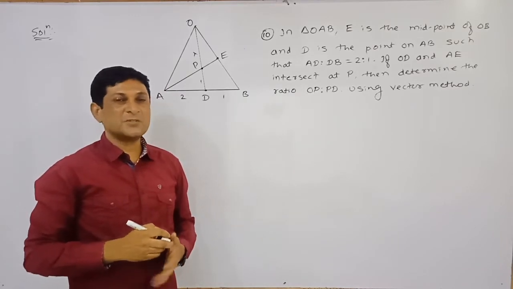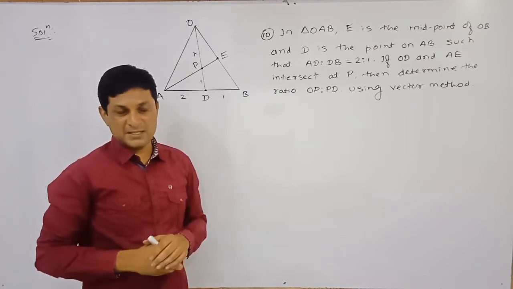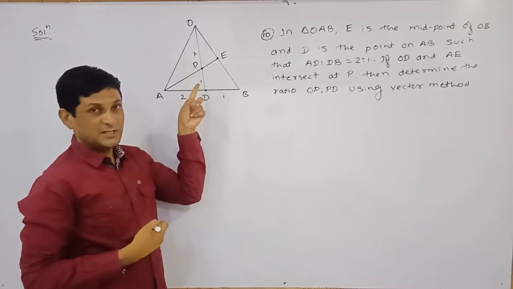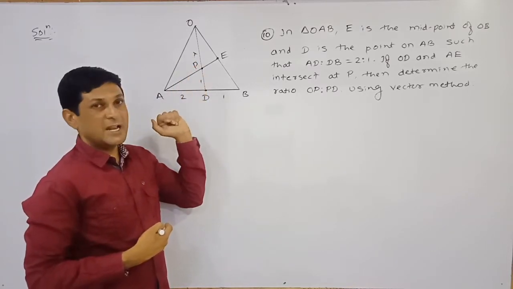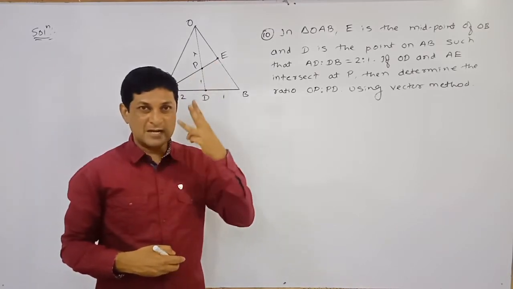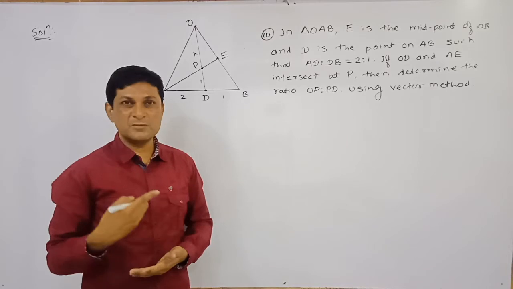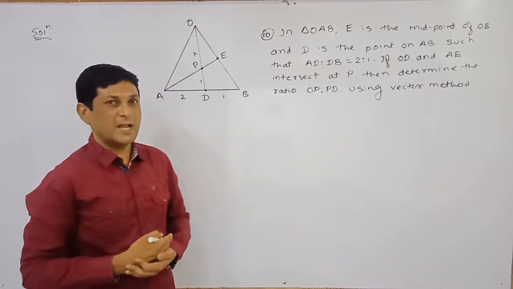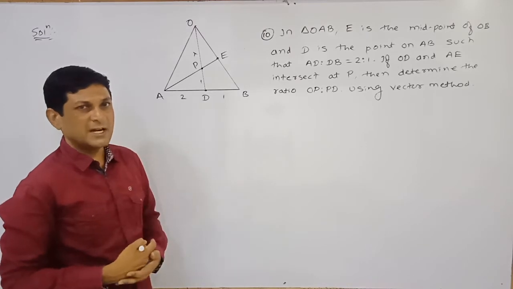This example is very similar to example number 6. In the 6th example also we have seen how to find a ratio. One ratio we denoted by lambda is to 1 and another ratio by mu is to 1, and at that time we got 3 equations. Making proper use of the equations, we saw how to find lambda and mu. Same method we are applying here.